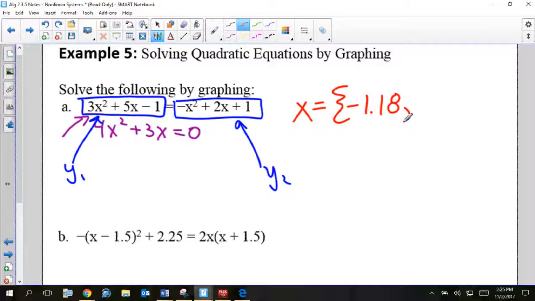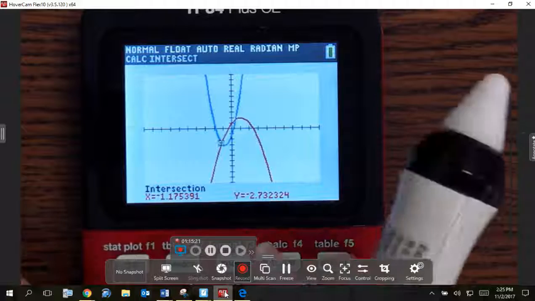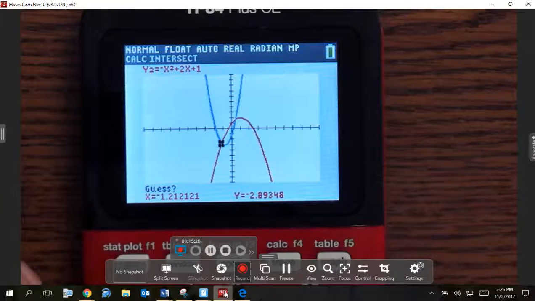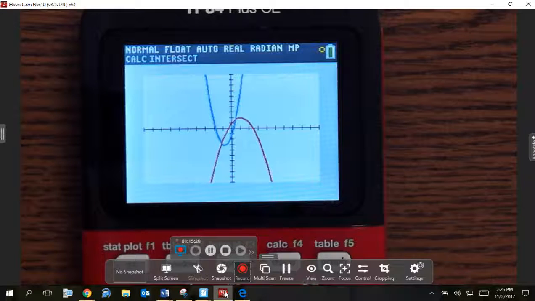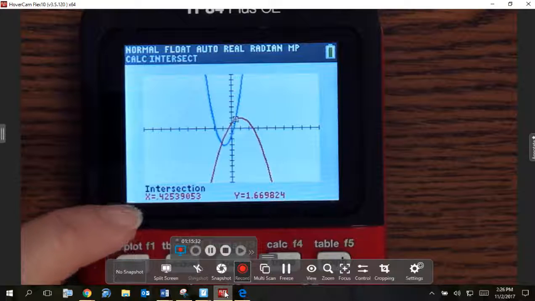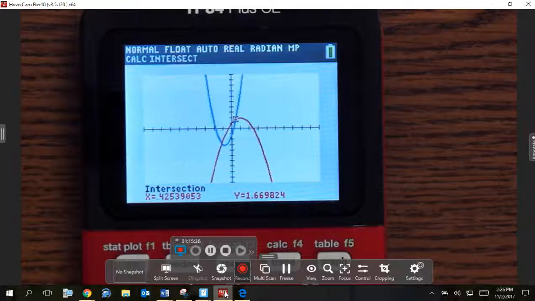I'm going to do the process again to find my other spot where they cross. So intersect, first curve, second curve, looks like about 0.5. And it's not, it's close. Approximately 0.43.